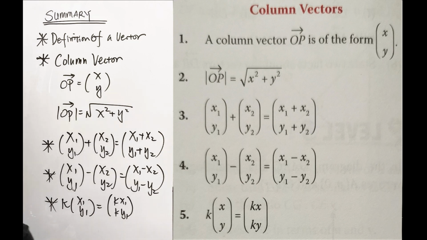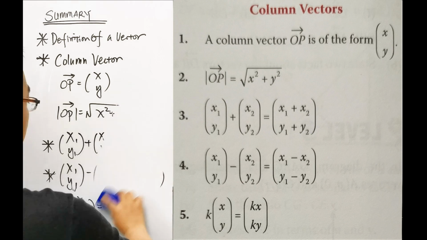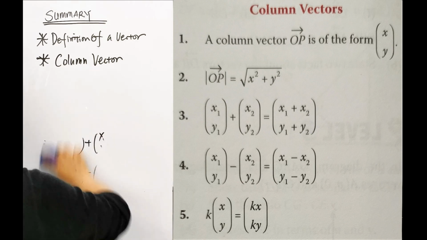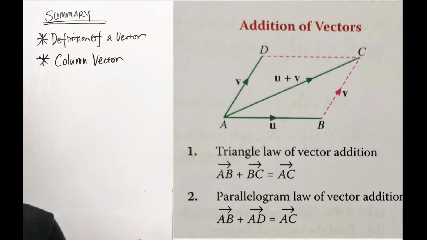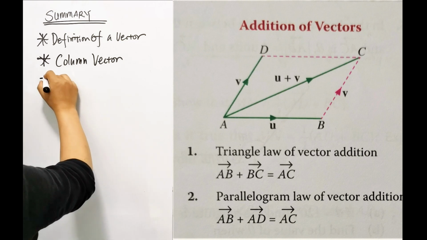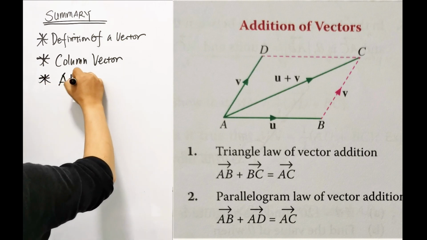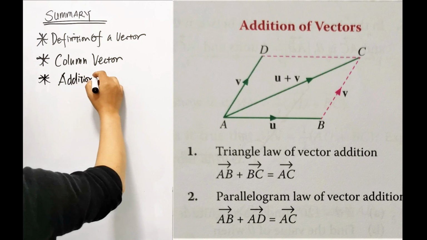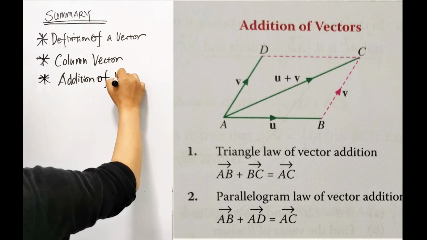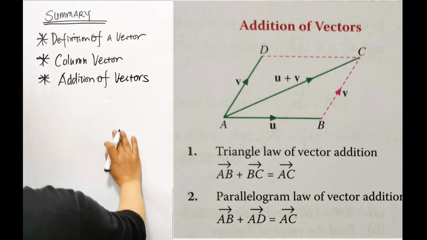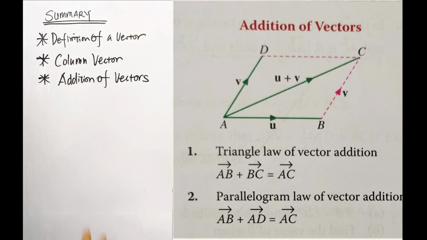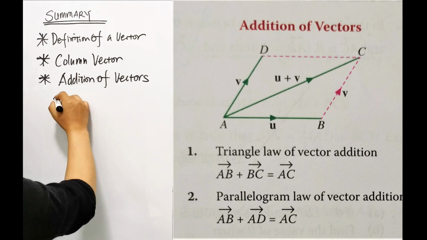Okay, so this is the column vectors. Next one we're going to talk about the addition of the vectors. So how do we do that? Basically we learn two laws, two very important laws.